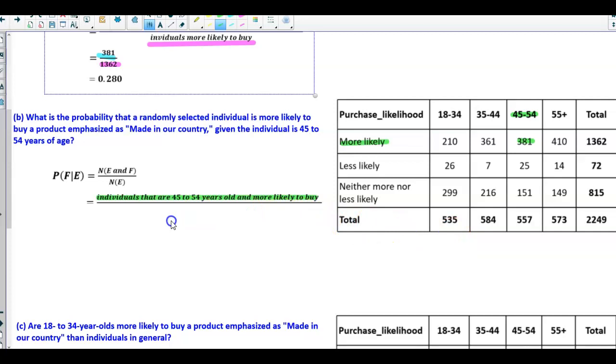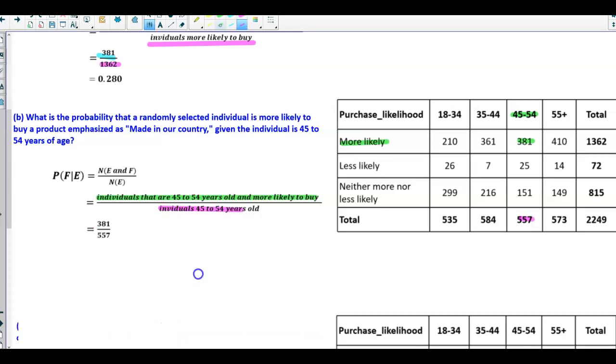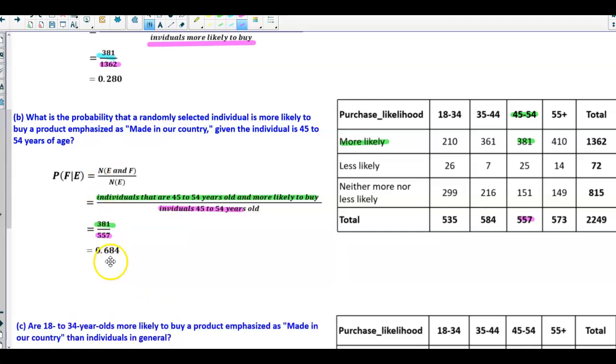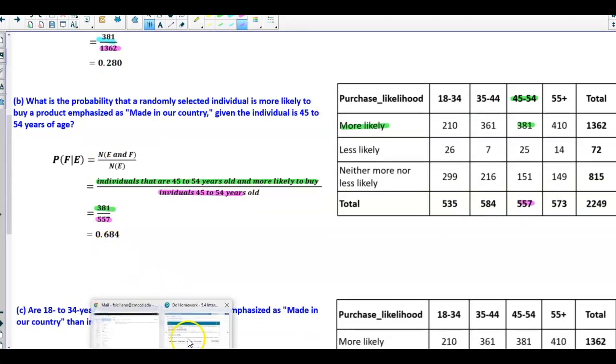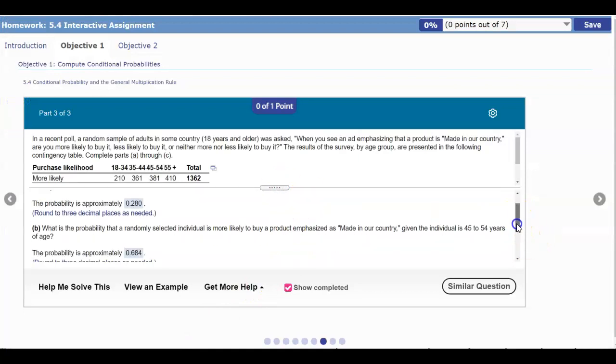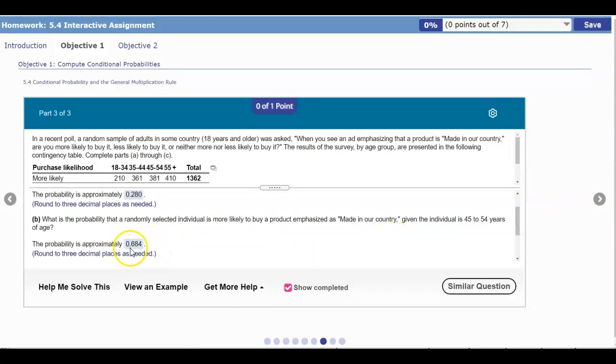And we want to divide by the number of individuals who are 45 to 54 years old, which is 557. So we take 381 and divide it by 557, and we get a probability of 0.684. So the probability is approximately 0.684.